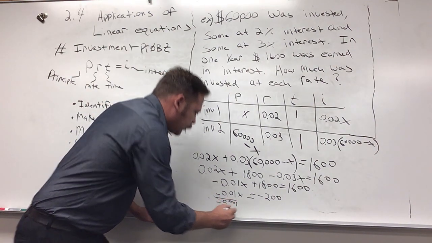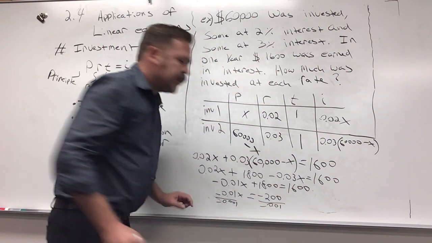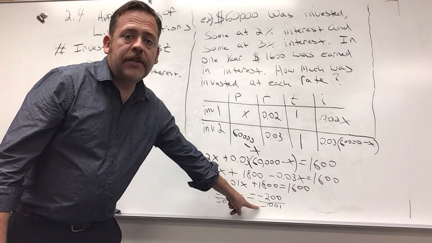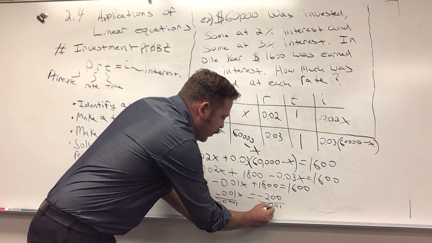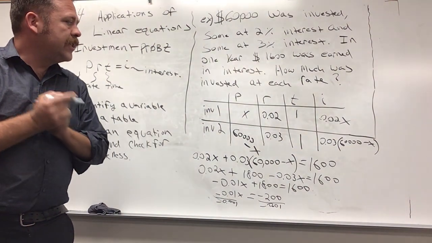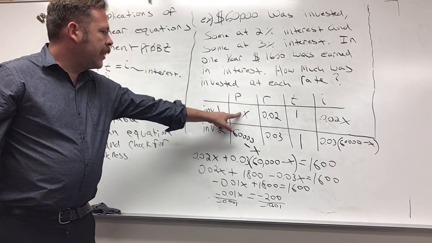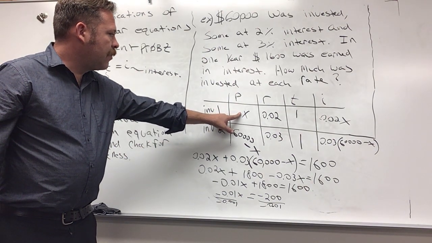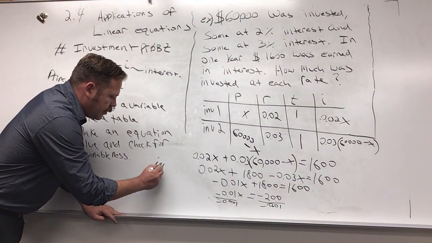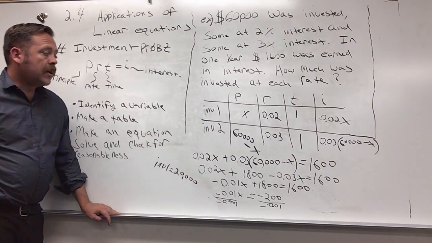And this is pretty neat. Negative 200 divided by negative 0.01. Well, that equals $20,000. So the amount of money invested in investment 1 is $20,000.